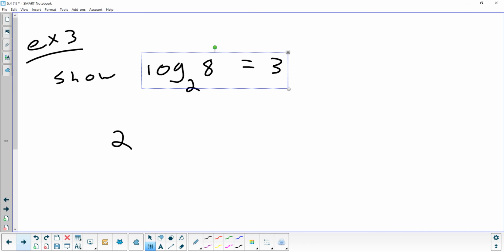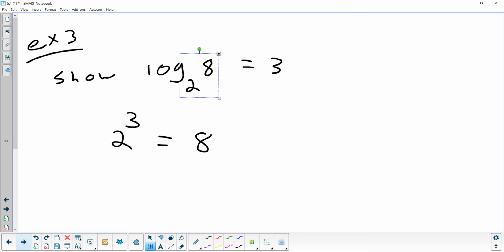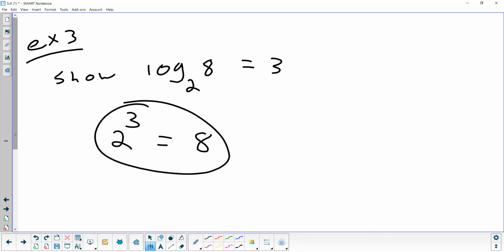Exponent. So my exponent is 3. And Annalise, what ends up by itself? The argument, which is 8. Is that true? Yes. So we have shown that log base 2 of 8 equals 3, just by rewriting it.